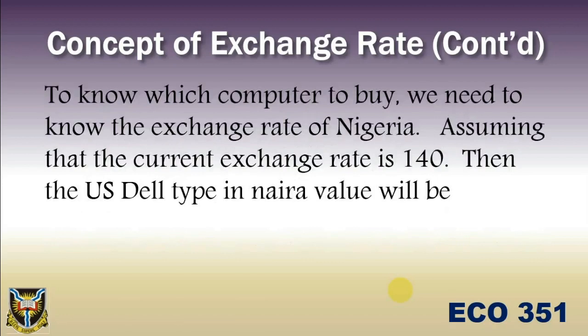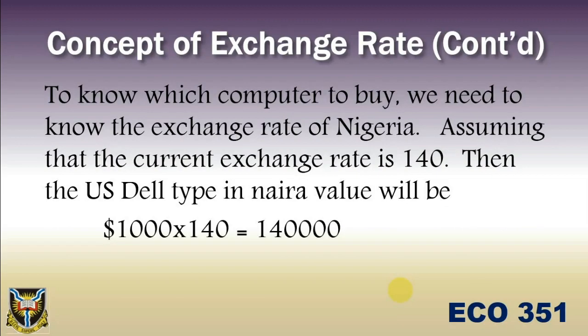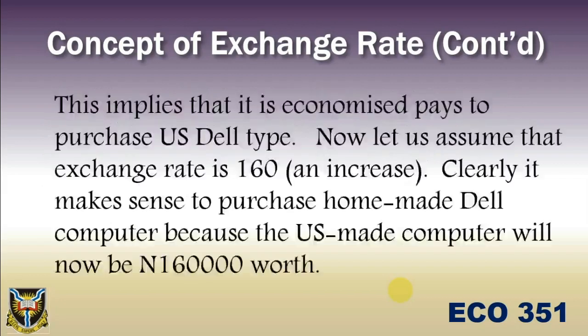Assuming that the current exchange rate is 140 naira, then the US Dell in naira value will be $1,000 times 140, which will give us 140,000 naira. This implies that it is economical to purchase US Dell.